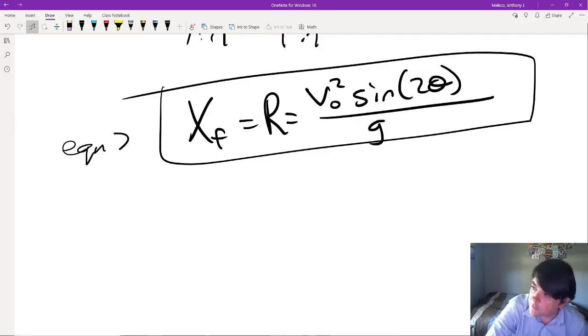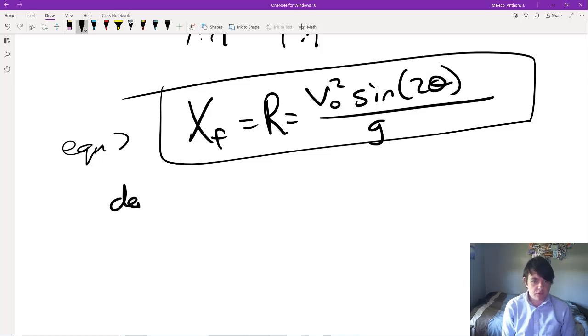I guess what I'll do, I do derive this sometimes, so I guess I'll derive it now, just in case people want to see it. It's not essential, so this shows where this equation comes from.